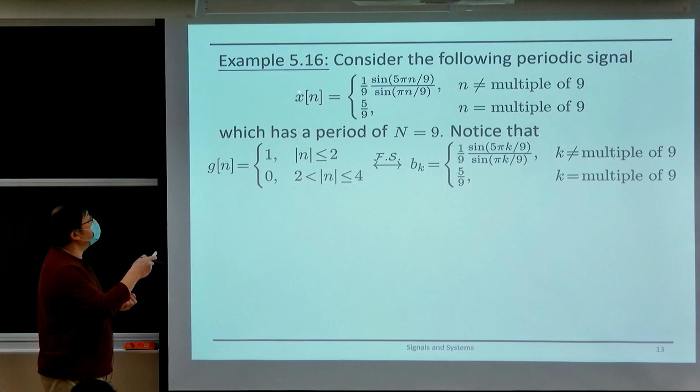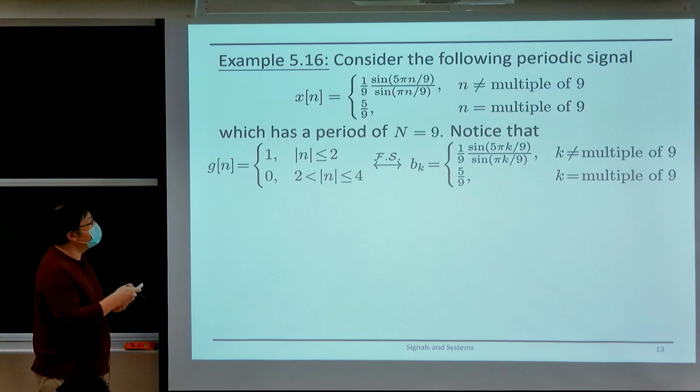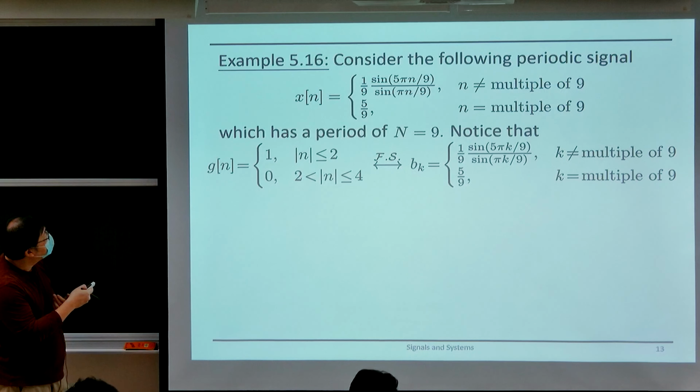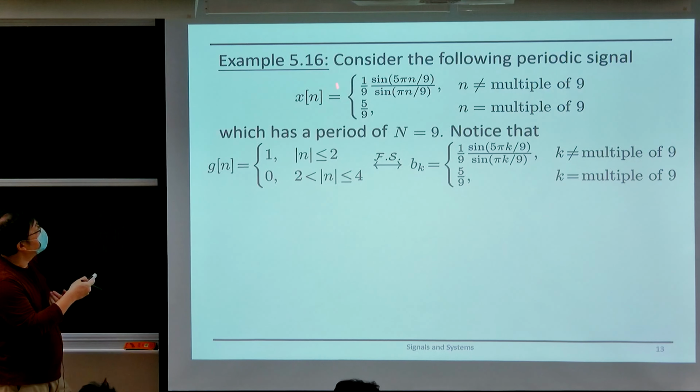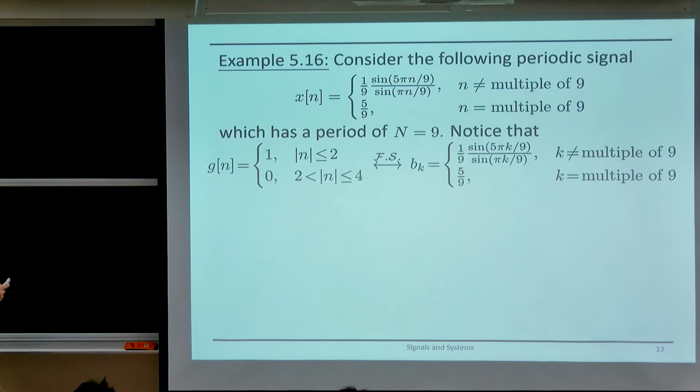So for example, in this 5.16, suppose that you're asked to find the Fourier series of this discrete time periodic signal x[n]. Okay, that looks something like this.